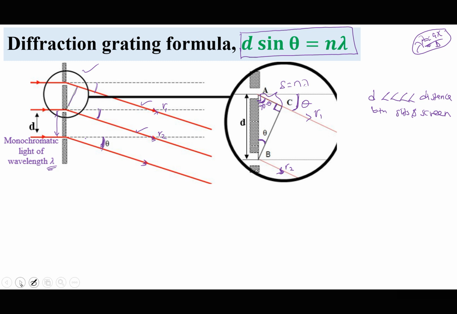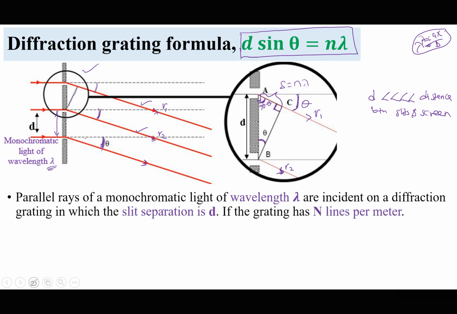So parallel rays of monochromatic light of wavelength lambda are incident on a diffraction grating in which the slit separation I've called d. Let us assume the grating has n lines per meter. N is equal to the number of lines per meter. This is very, very important.